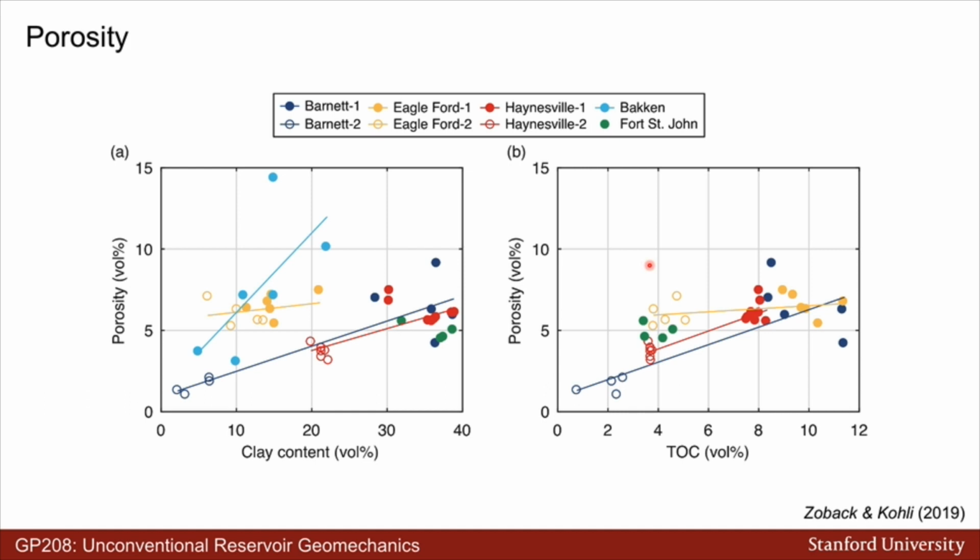Porosity in these extremely low permeability unconventional shales ranges from about 0 to 10 to 15% at most. And again, we see that because clays and organic matter actually contain a lot of the porosity in the rock, it's not surprising that in each of these reservoirs, although the trends are different, we have a slight positive correlation of porosity with both clay and organic content.